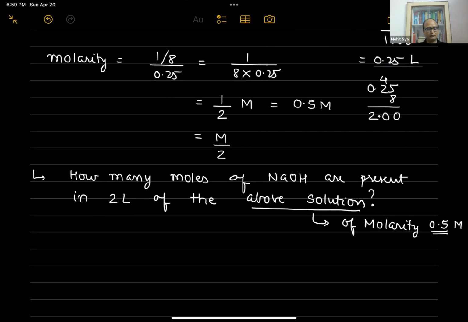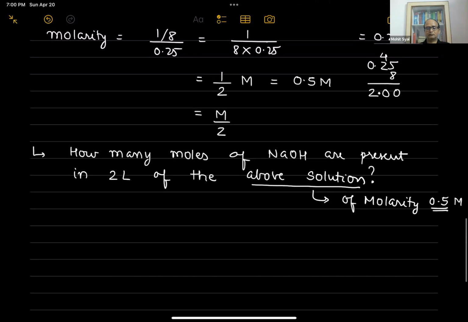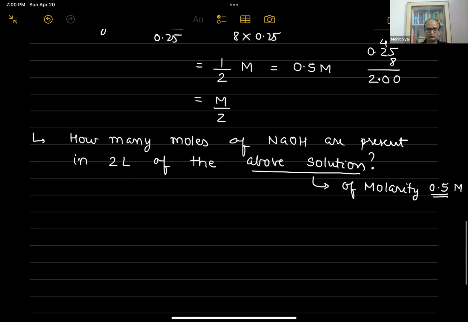Any idea? Ayesha and Marwan, tell me. We can say moles will be equal to molarity times the volume. Yeah, exactly. So we are going to use the same formula, and we rearranged it.